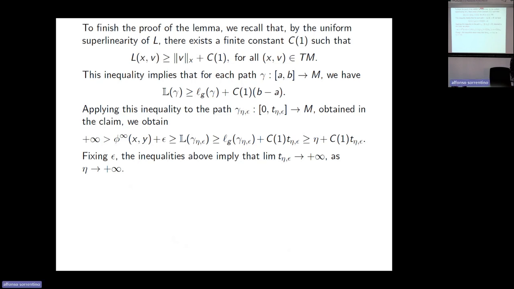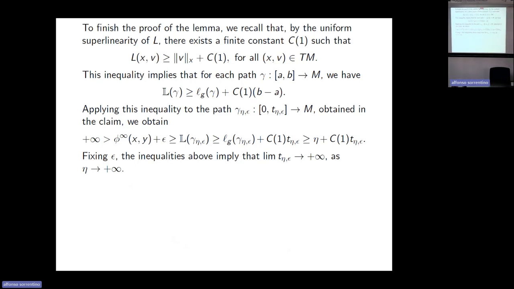Oh no, here there is no c0. This is correct. The action is larger than the length. But we know that the length is larger than eta, and this is larger than, oh no, there is a c0. I'm sorry, there is a c0 everywhere, because of the first inequality. Okay, so here we get the c0, in fact, at the end.